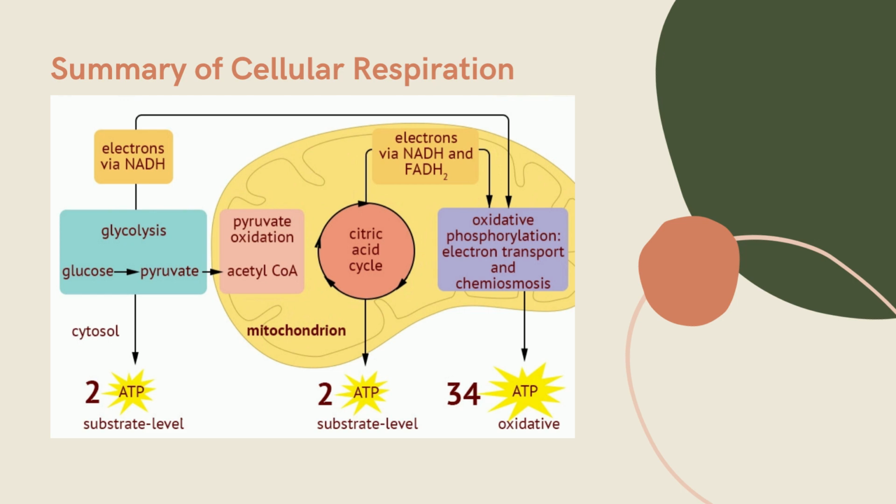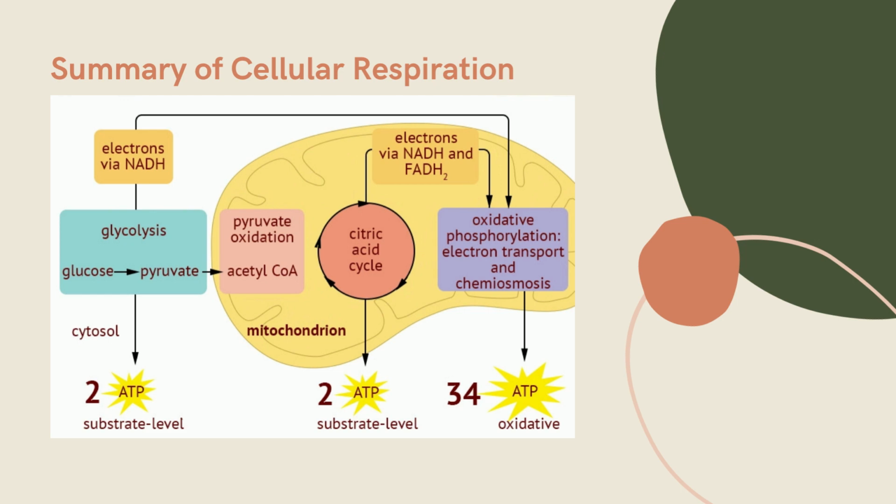I hope you understand the whole process of cellular respiration, though it is the simple version. We just need to understand that glucose will be converted into pyruvate, acetyl CoA, and citric acid, and then this process will remove high energy electrons that are carried by electron carriers NAD and FAD to produce NADH and FADH.